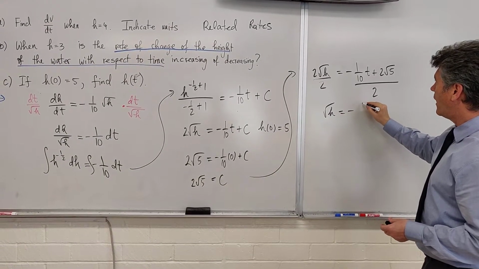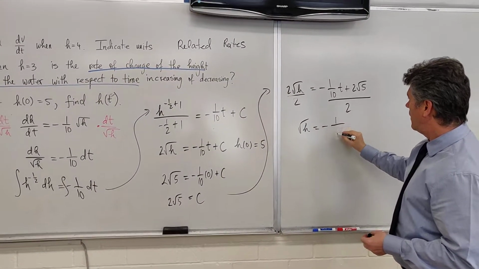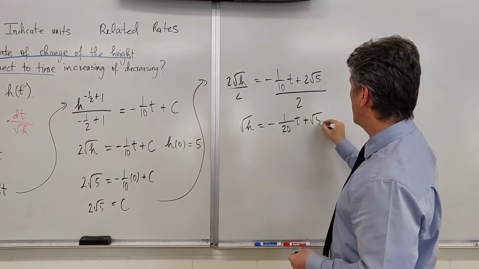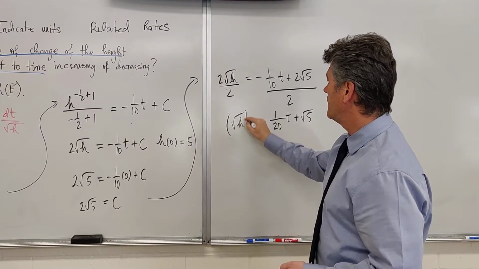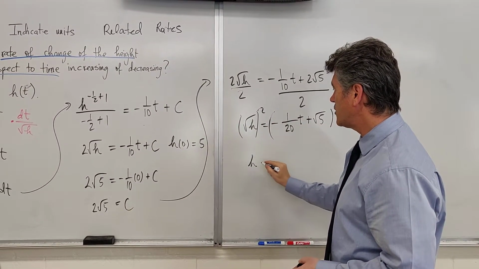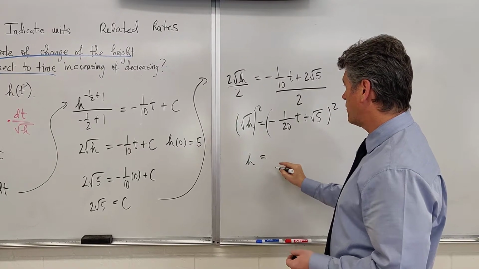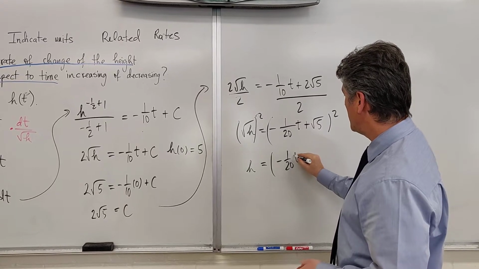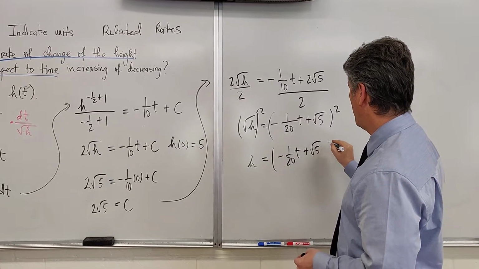So negative 1 over 20t plus the square root of 5. And finally, square both sides. And you have h of t is equal to, parentheses, negative 1 over 20t plus the square root of 5.